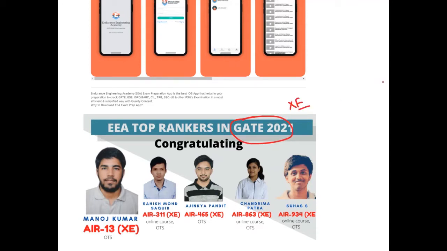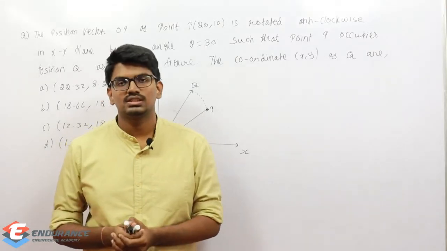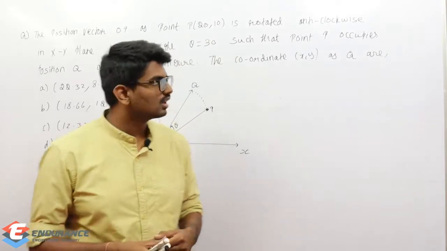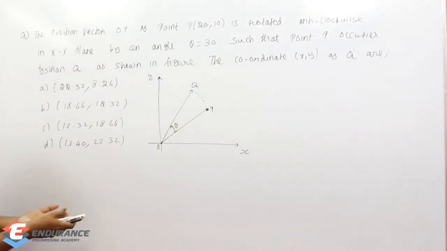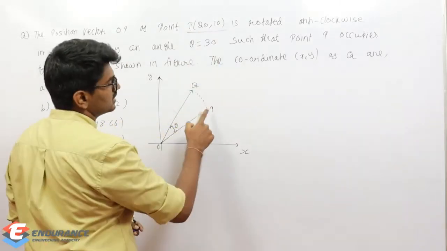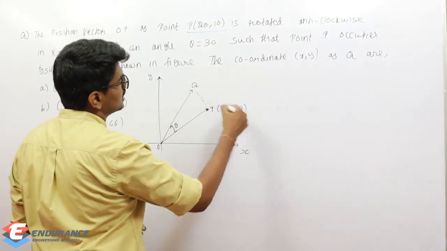And this video is taken from the online video course of Entrance Engineering Academy. So let us discuss a problem based on Euler's approach, that is based on the polar coordinate system. The position vector OP of a point P is 20 comma 10.